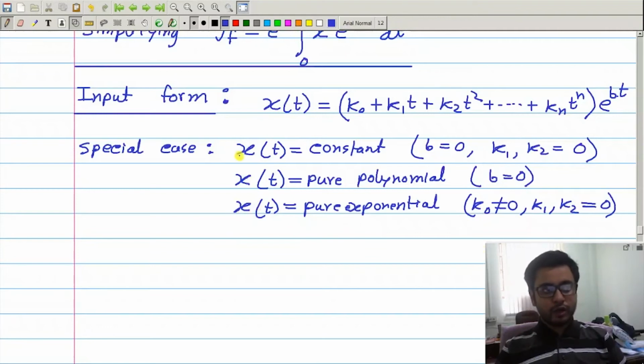So this will be some special cases of this general form of the input.